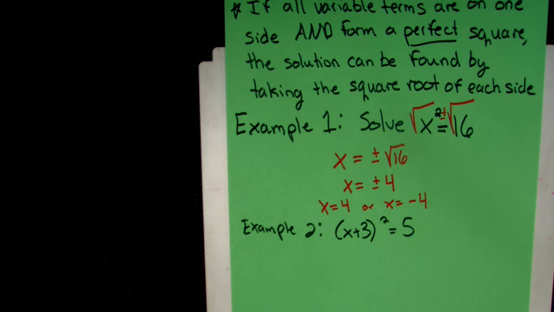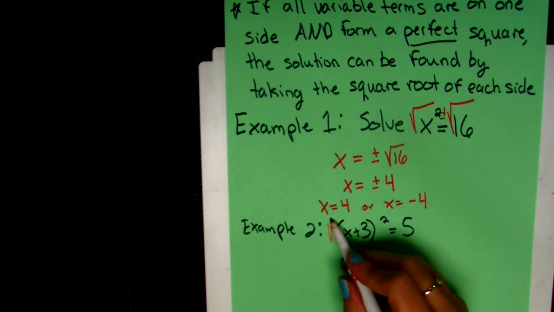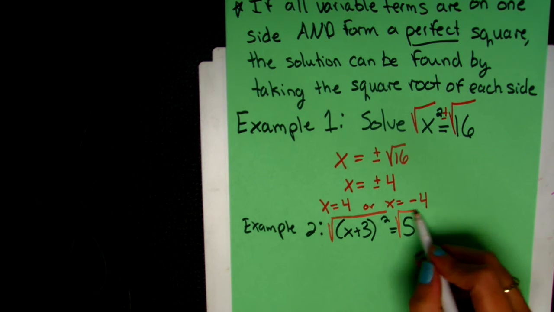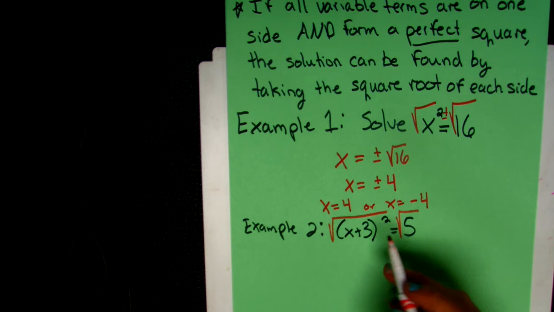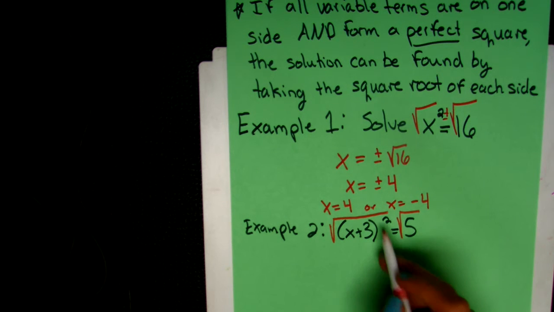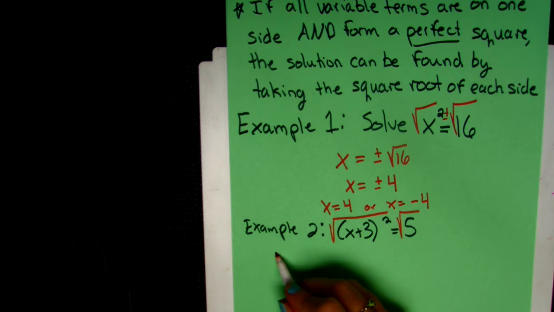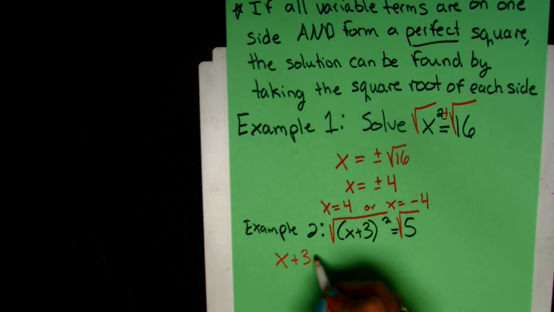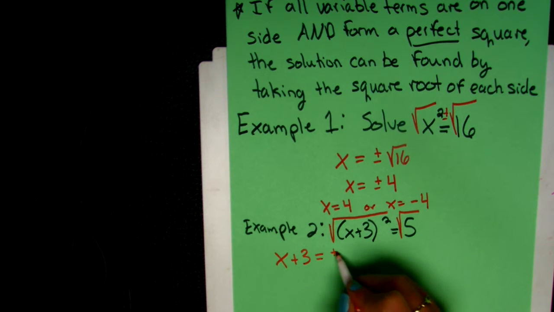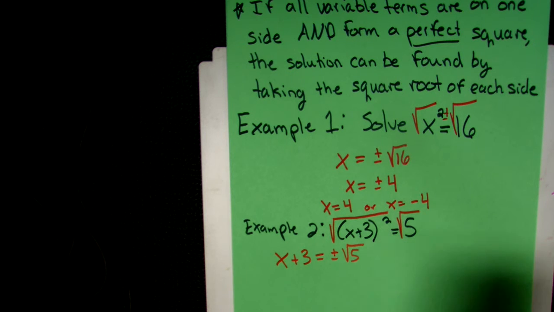So I have something that's being squared. So I'm going to go ahead and take the square root of both sides. So when I take the square root of both sides, the square root and the square cancel, leaving me x plus 3 on my left-hand side and plus or minus the square root of 5 on the other side.